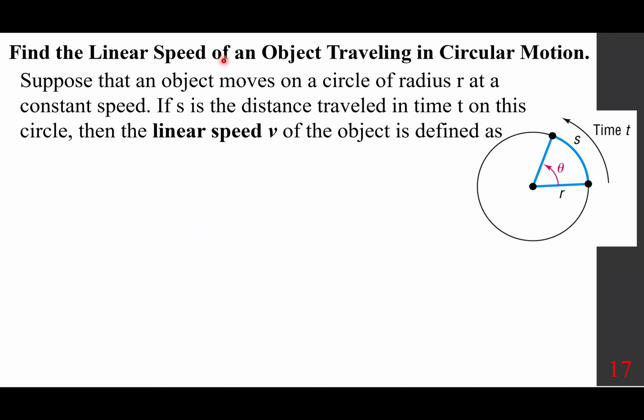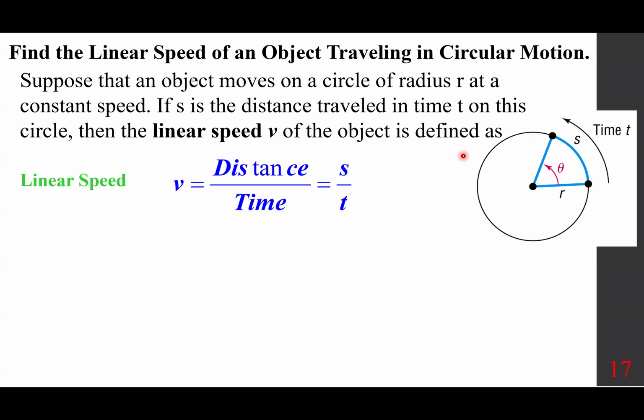Find the linear speed of an object traveling in circular motion. Suppose that an object moves on a circle of radius r at a constant speed. If s is the distance traveled in time t on this circle, then the linear speed, v, of the object is defined as distance over time, which makes it s over t.